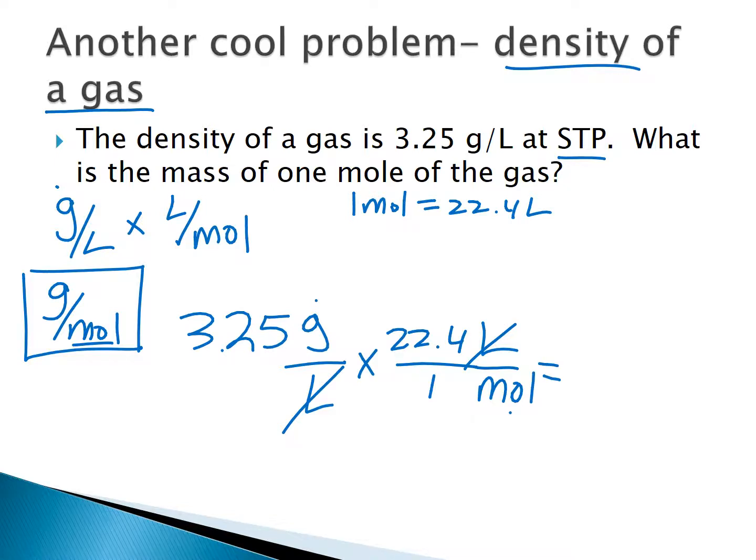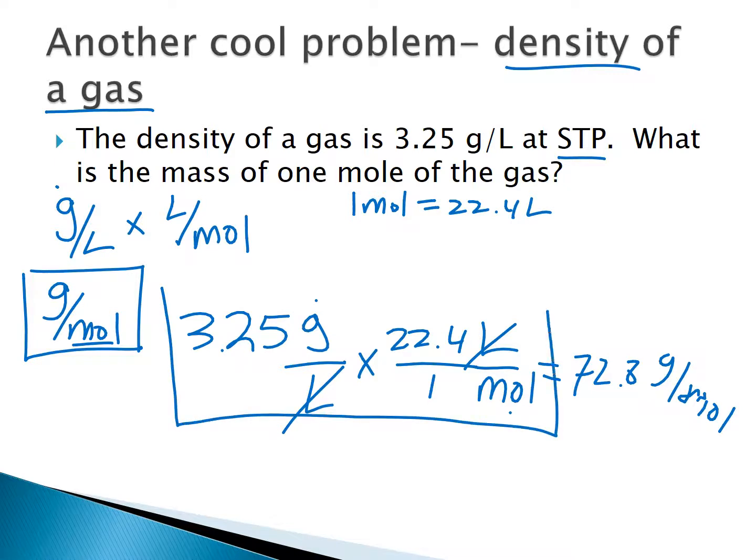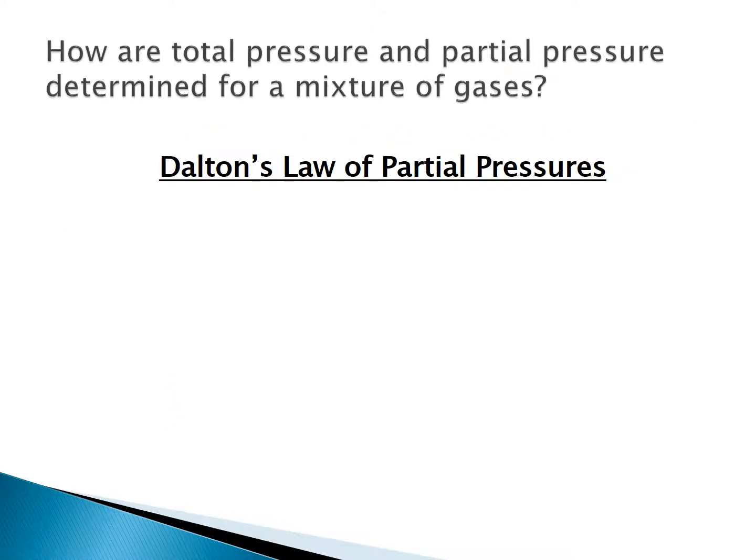And in this case, the answer is 72.8 grams per mole. So you don't have to be a guru with units like I am, but if you encounter a density of a gas problem, and you will, all you have to do is multiply the density by 22.4 and you will get your answer.